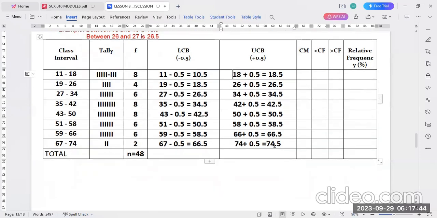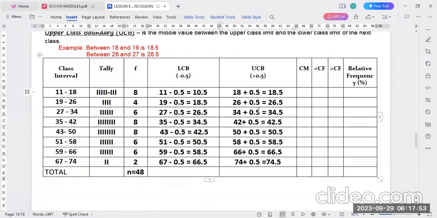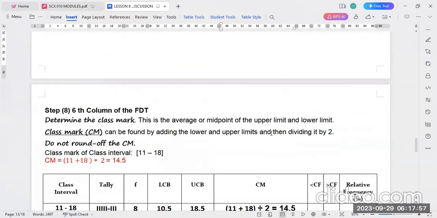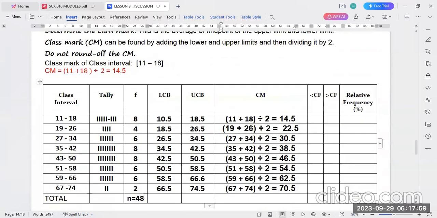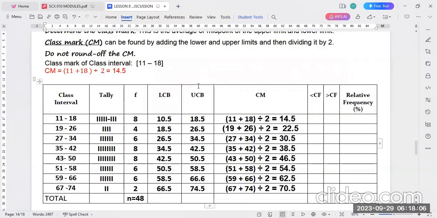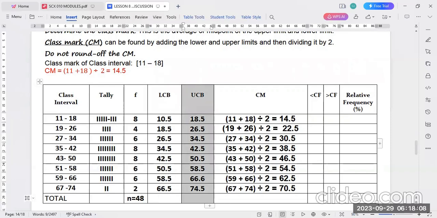So, 74 plus 0.5, that is 74.5. So, that's for the lower class boundaries and the upper class boundaries. So, write that one. Ayan na. Ito na siya. Si lower class, and then the upper class boundaries.